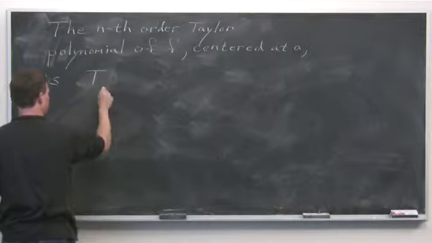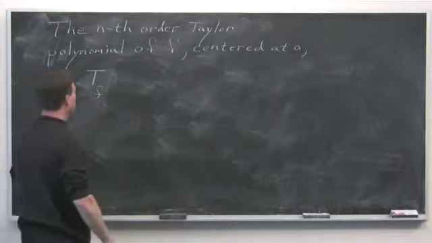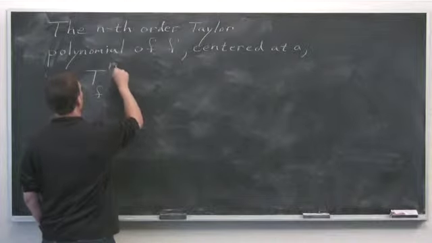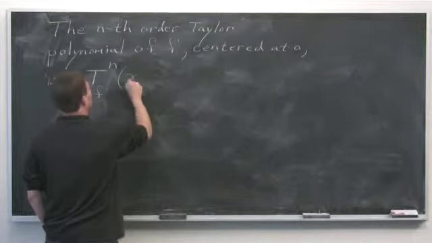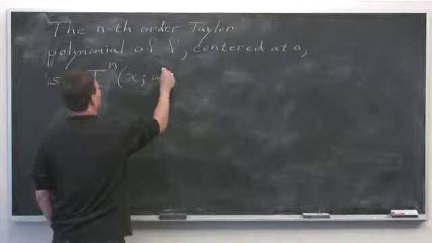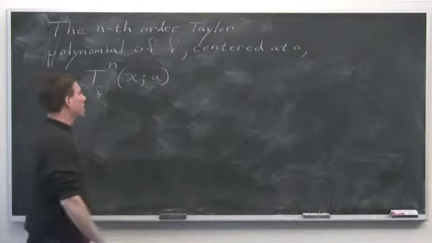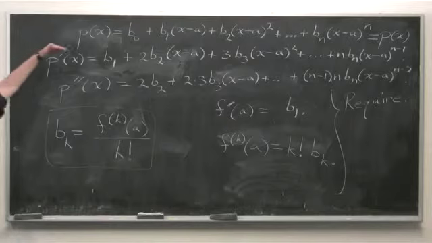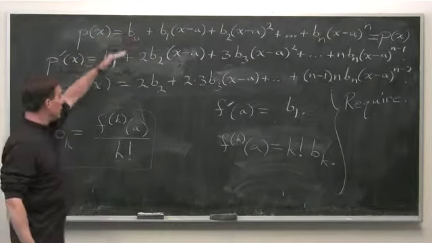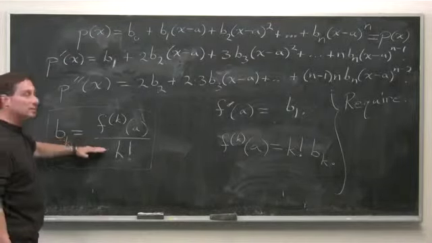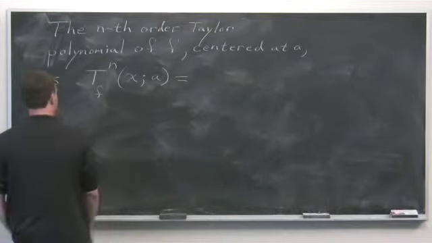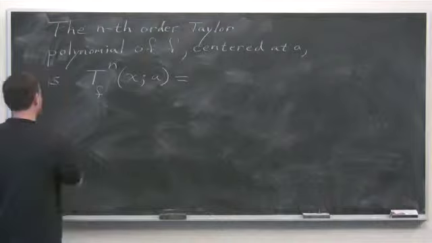I'll put a T for Taylor, a sub f for the polynomial, the order here, an x here, and a semicolon in the center there. And what is it? It's this polynomial centered at a with the b's given by this formula. So I'll write it out with some pluses and dots, but then I'll use summation notation.